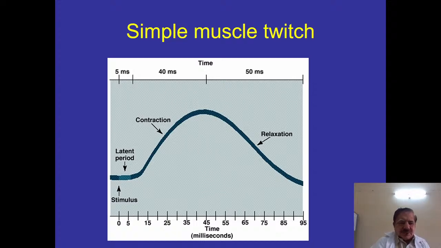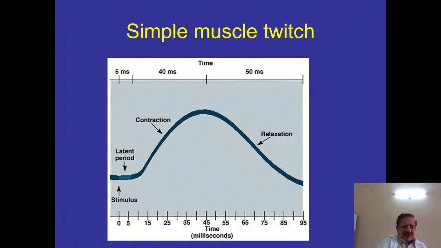So you now know very well that this is the latent period. So latent period is the traveling time of the stimulus, that is from the axon to muscle. In this latent period it has two parts, that is absolute refractory period and the relative refractory period. One half of it is absolute refractory period.